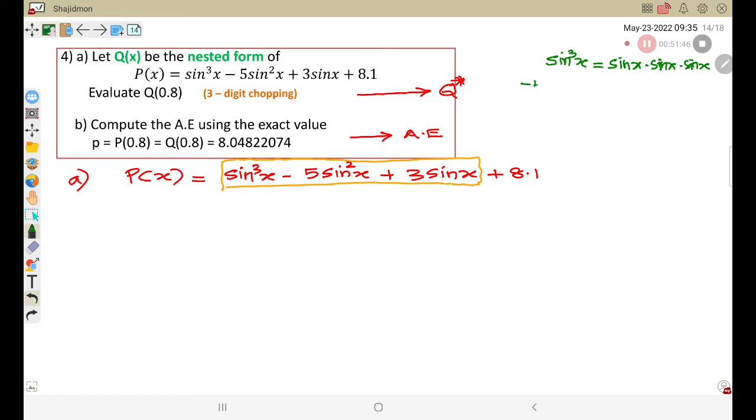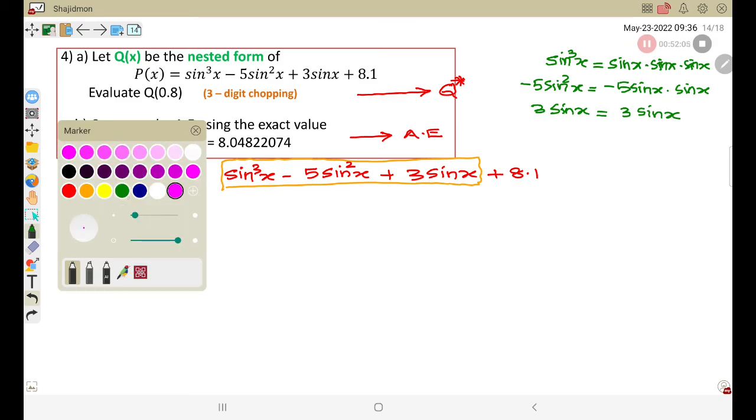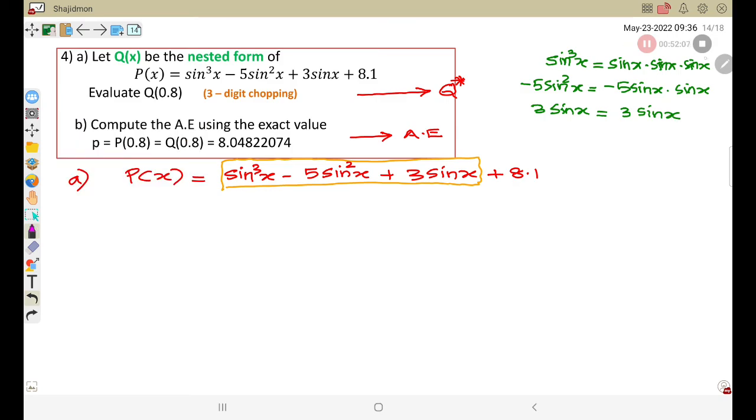Now minus 5 sin square x means minus 5 sin x multiply sin x. Now 3 sin x means 3 times sin x. So of all these 3 terms, which term is common? Sin x is common, so we can take it out.